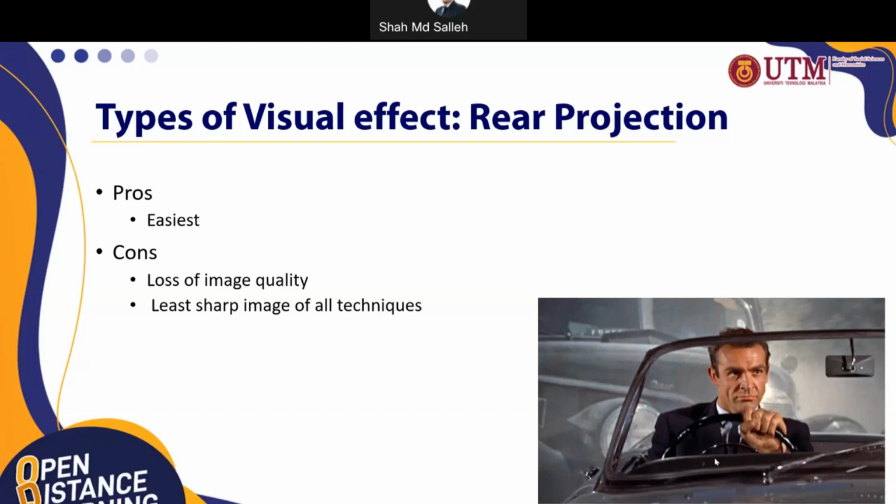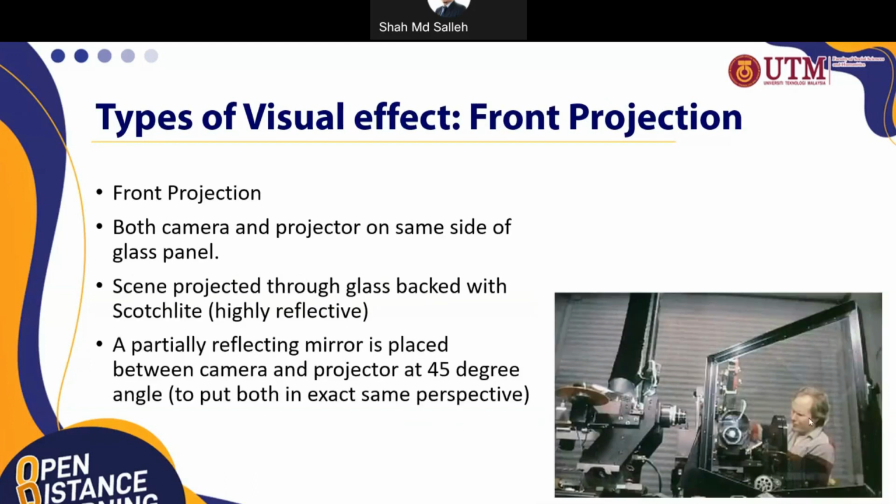This is a static car. There is a loss of image quality, as mentioned. You can see the difference; this is not real. It is the least sharp image of all the techniques. We can see the difference between the projection and the real actors.